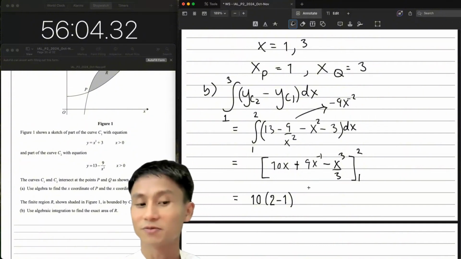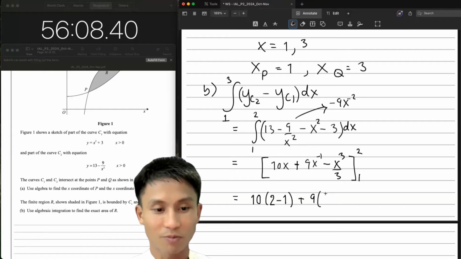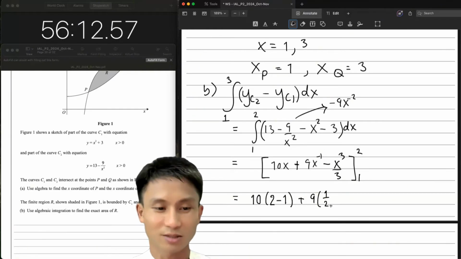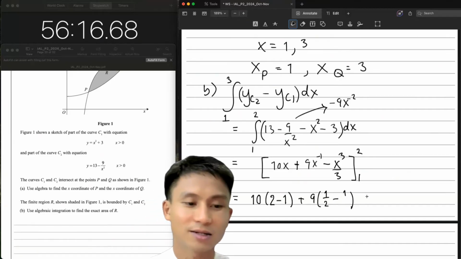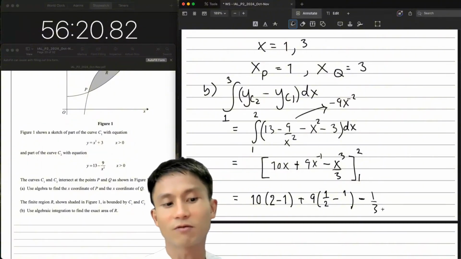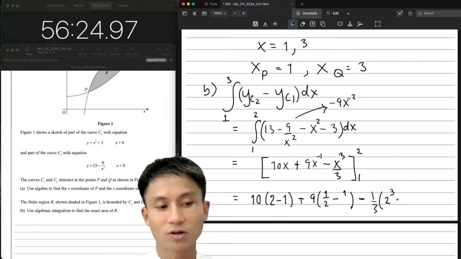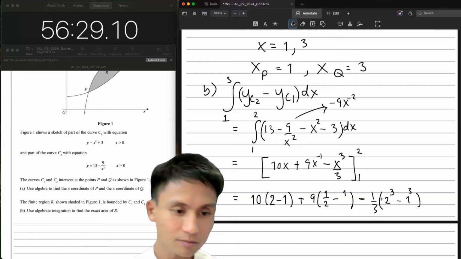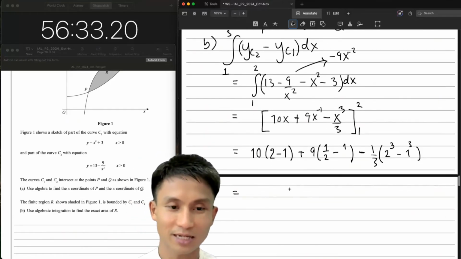So that's the first term done. The second term, 9: the upper bound is 1 over 2, since x to the minus 1 is 1 over x, minus 1 over 1, which is 1. Don't need to write that. And for the other one, I write 1/3 in front first, and then substitute x cubed with upper bound 3 and lower bound 1. So I get that. You write less by doing this, basically.